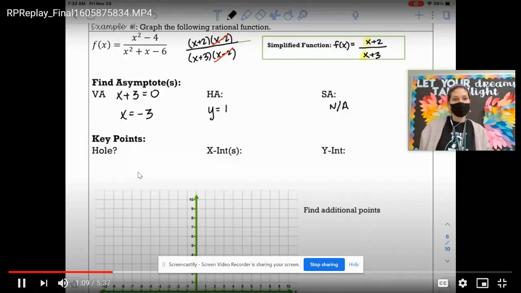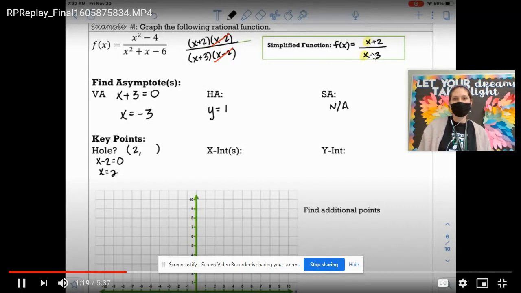We know that there's going to be a hole, so a hole has an x and a y coordinate. To find the x coordinate, if you did have a factor that canceled, take that factor, set it equal to 0, and solve for x. So the x coordinate of the hole is 2. To find the y coordinate, you take that value 2, you have to plug it into the reduced function.